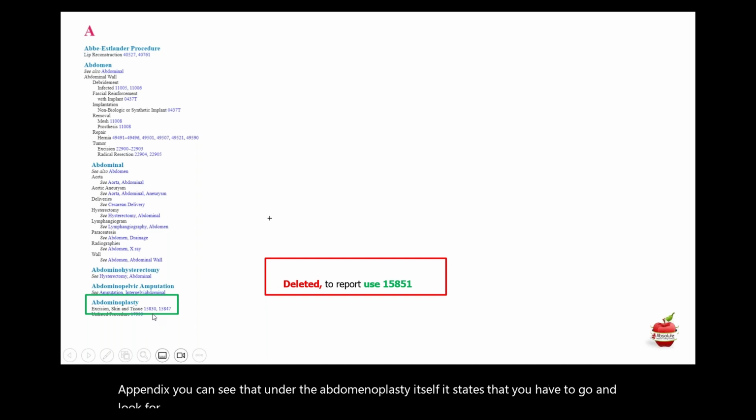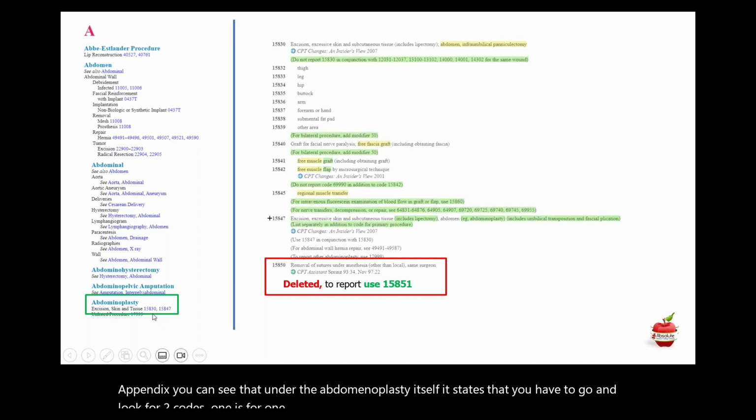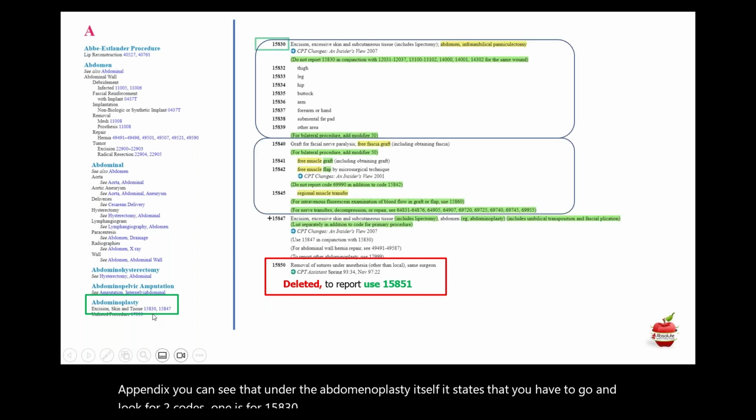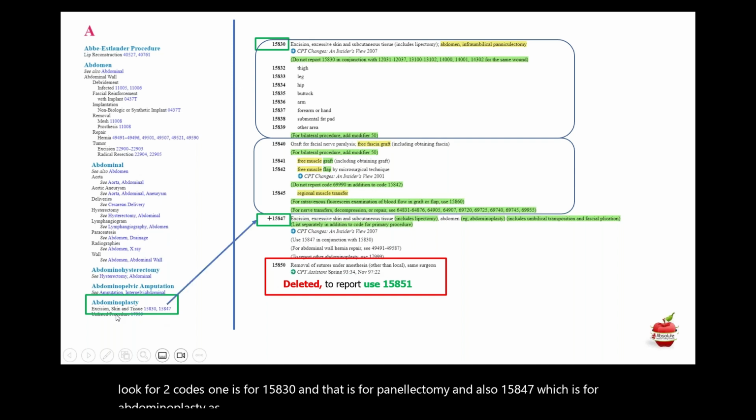One is 15830, which is for panniculectomy, and also 15847, which is for abdominoplasty as well. So that will also guide you to the correct answer.